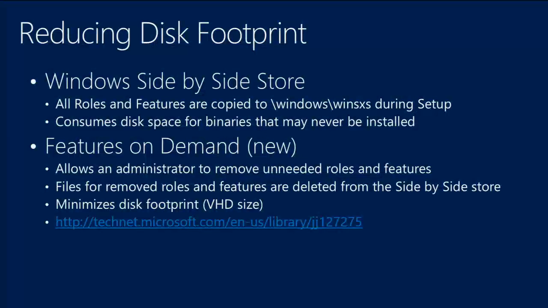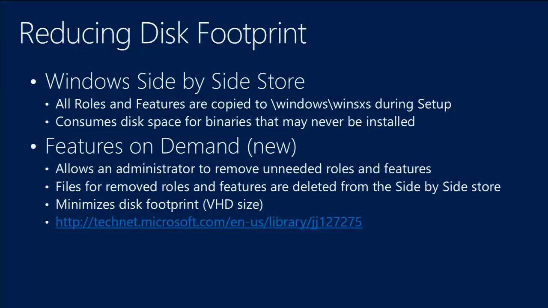When you install Server today, you will notice that if you then go back into Server Manager and say, hey, I want to install a role, for example, say I wanted to install AD, you don't have to go back out and get the install media to be able to install AD on that box, right? And the reason that is because during the setup process for server, the installation process will copy all of the sort of compressed binaries for every single role and feature which ships as part of the inbox and puts it down in what's called the Windows side-by-side store.